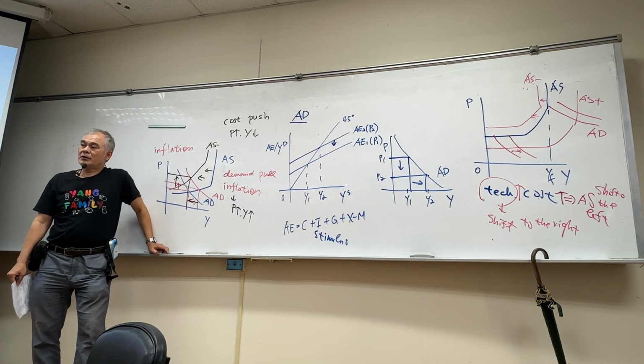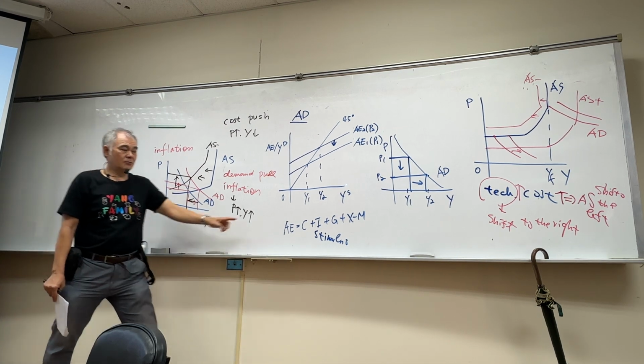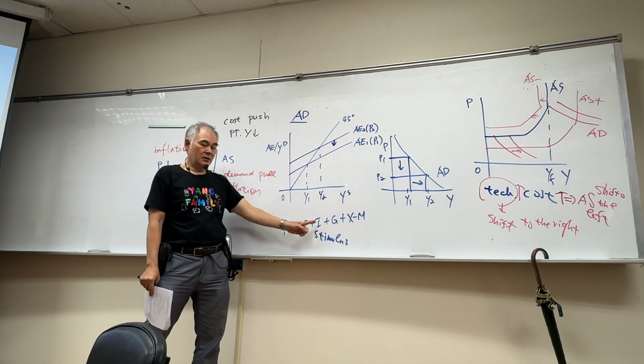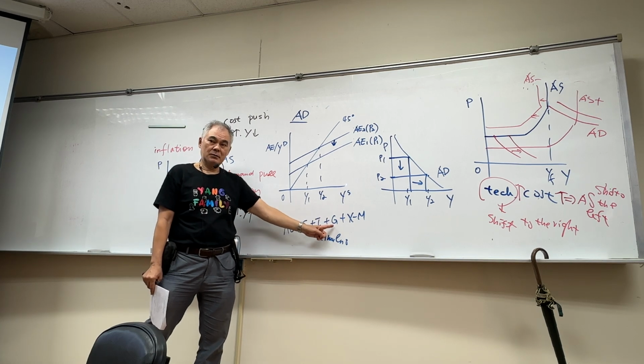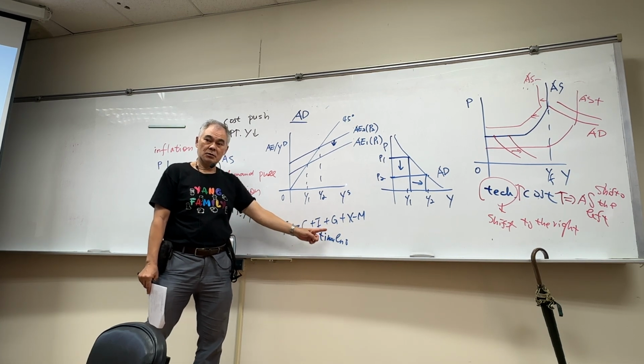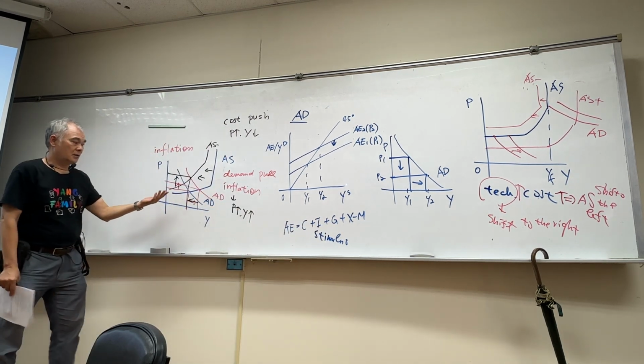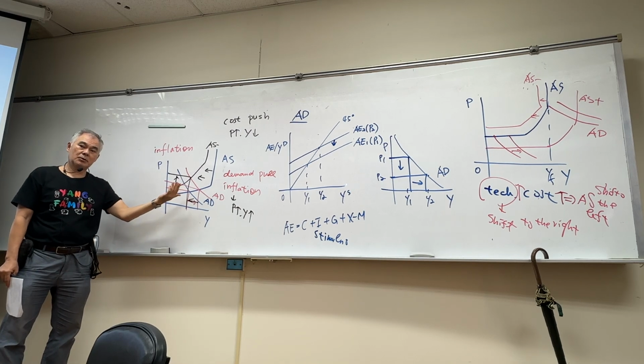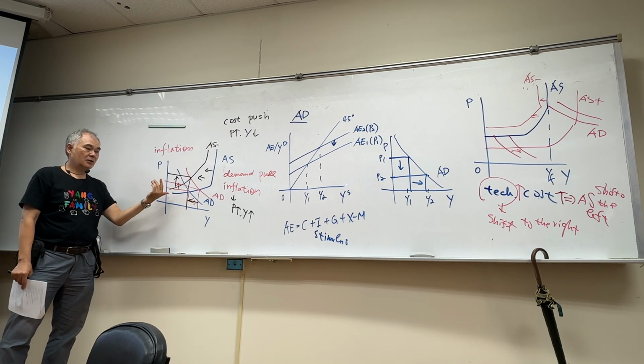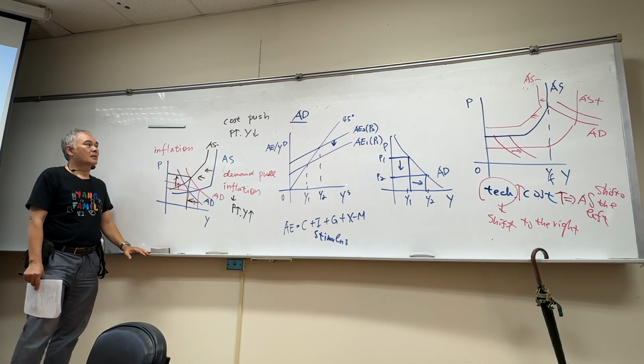Because if you increase the interest rate, it will cut down consumption, cut down investment, cut down government expenditure. And so, because of that, the demand will shift to the left. And then there will be a lower price level, okay?